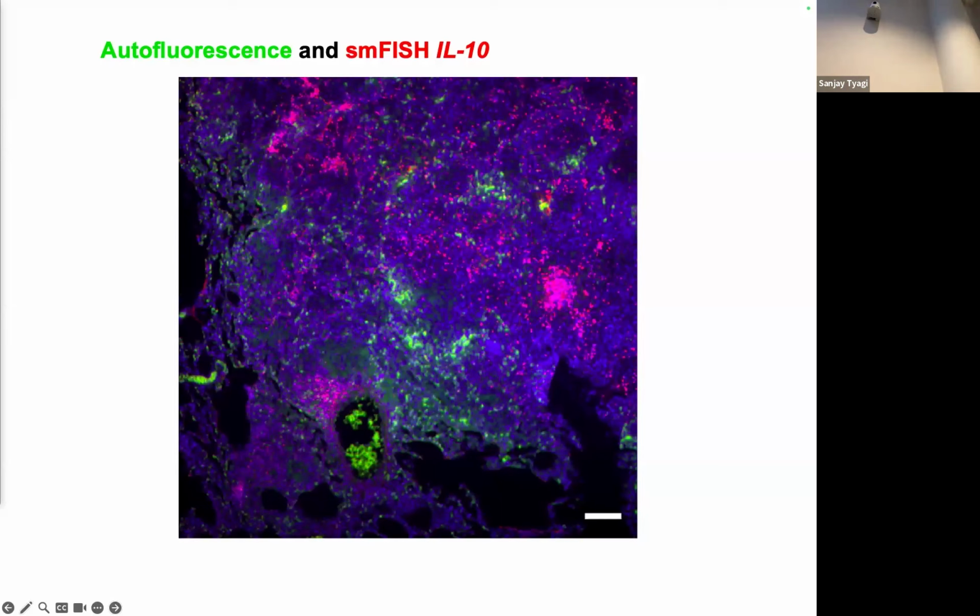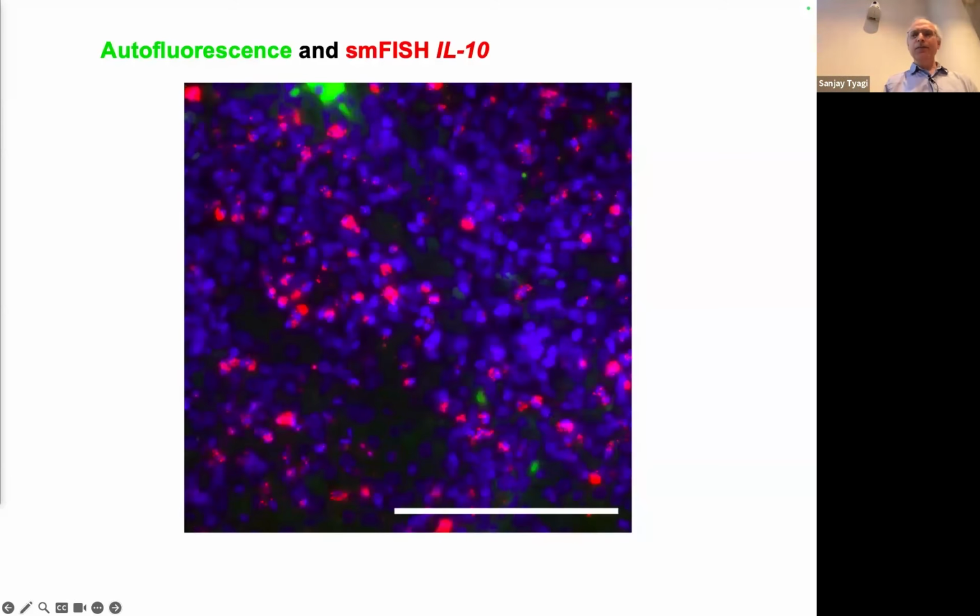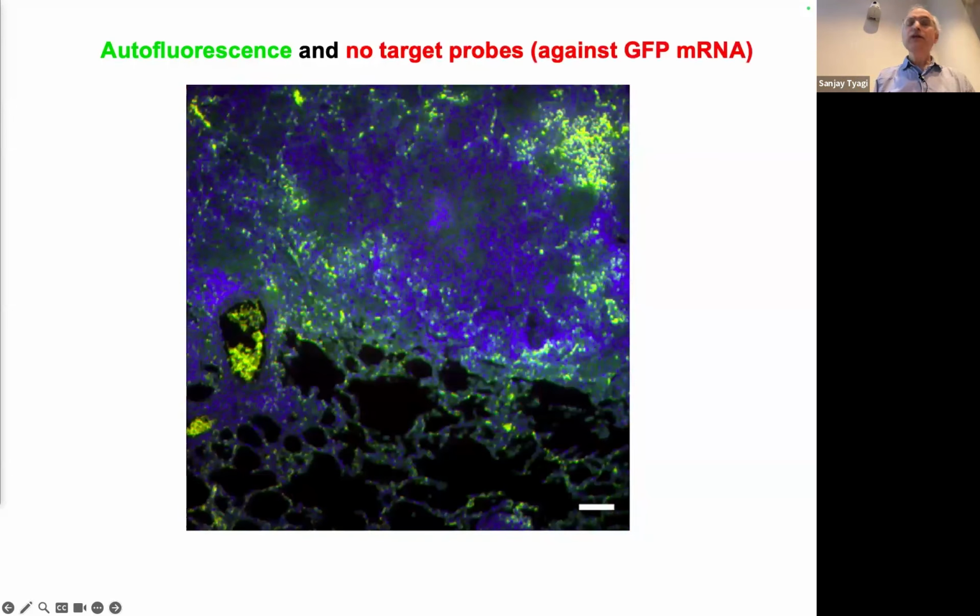But within that, there are these clusters of IL-10 producing cells. This is a higher magnification. We did controls. So this is a control experiment where we made probes against GFP RNA, and you only see autofluorescence and no red. So that means the probes have to have an RNA to see.